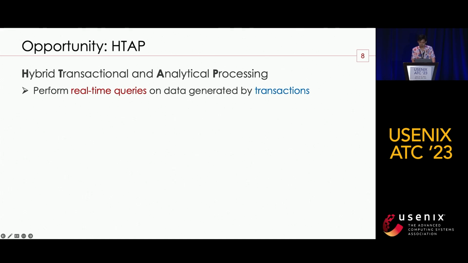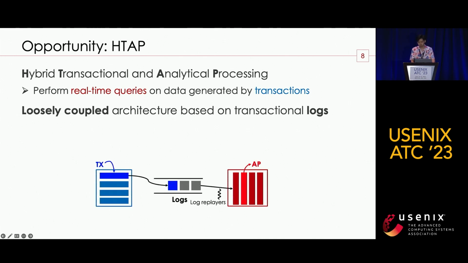A new computing model called hybrid transactional and analytical processing, shortened as HTAP, provides an opportunity for dynamic GAP. In HTAP systems, users perform real-time queries on data generated by transactions. To achieve high performance and data freshness, state-of-the-art HTAP systems often use a loosely coupled architecture based on transactional logs.